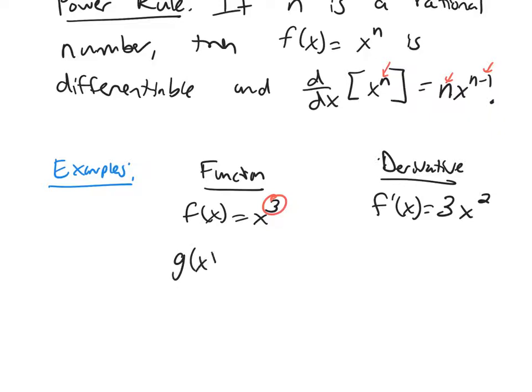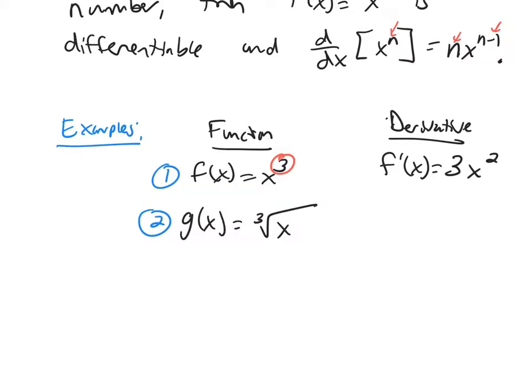Let's look at the next function. g of x would be the cube root of x. Well, it might help you first if you rewrite your function with an exponent. So let's rewrite this as x to the 1/3. And then g prime of x would be, what do we do?